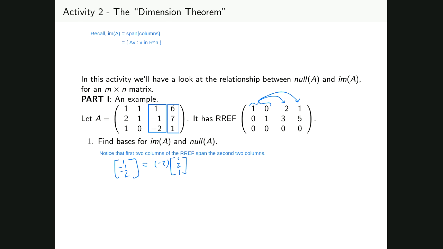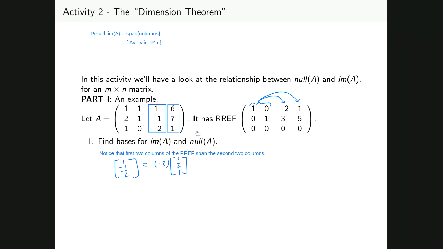Now, that's not going to quite match up. This would give us a -2 up top, which we don't have. 1 times -2 would give us -2. We need to get something positive up here.